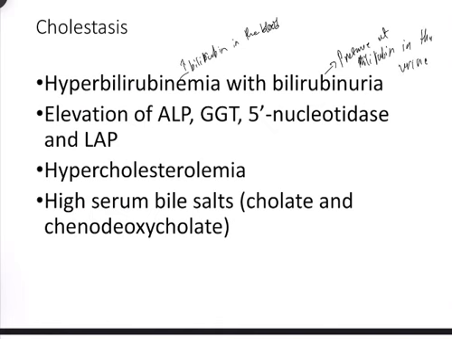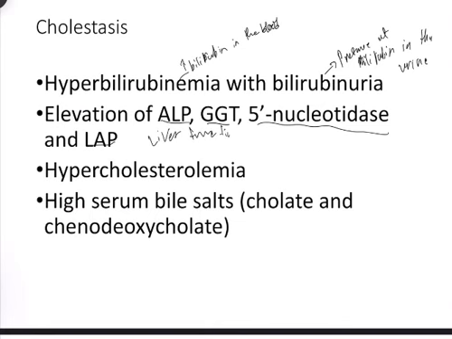Okay. With a correlation of increased ALP, GGT, 5-nucleotidase, and LAP, which are, these four can be known to be part of your liver function test.